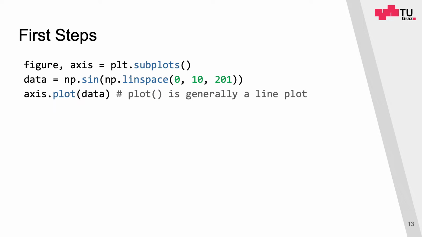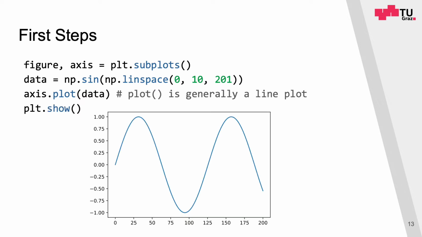And plot is generally a line plot. And then using the show function, we can show the plot, and this will produce the following plot. So as you can see, the data is just a simple sine from 0 to 200.